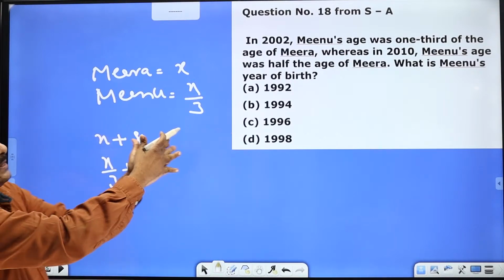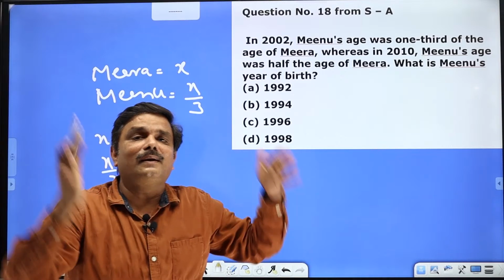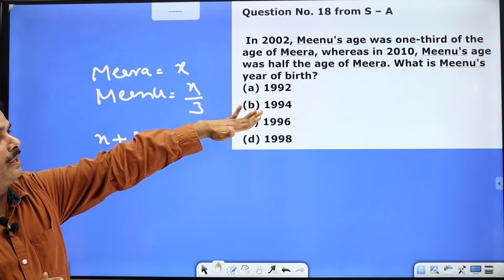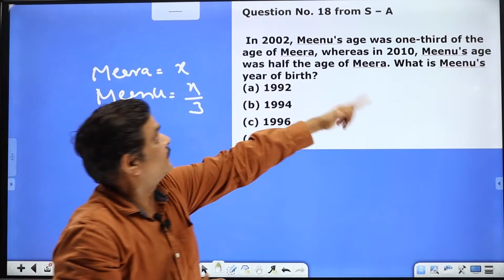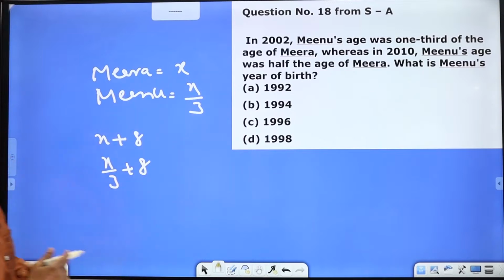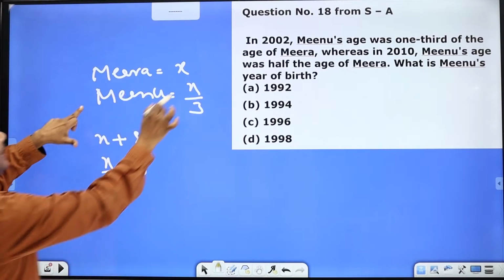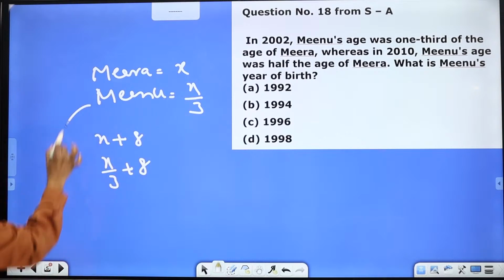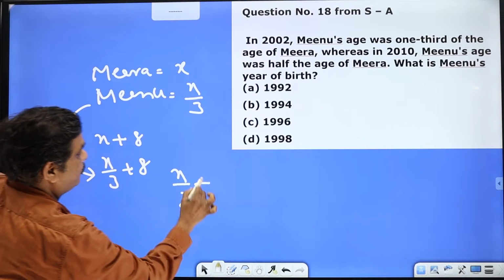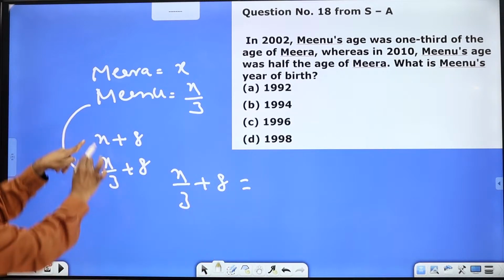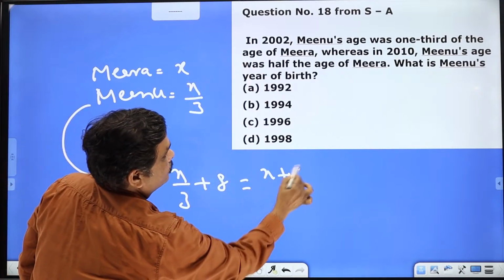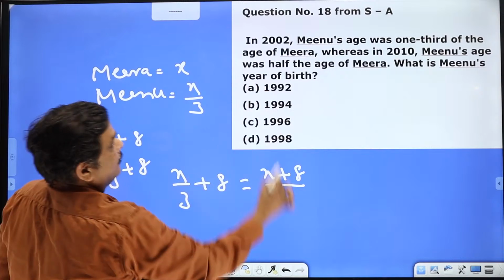Then you have to equalize that. Algebra is nothing but creating one equation. From 2002 to 2010 means 8 years. After 8 years, Minu's age was half of Mira's. So Minu's age, X by 3 plus 8, is equal to Mira's age after 8 years, X plus 8, divided by 2, half of that.